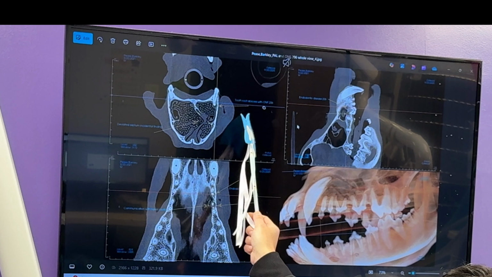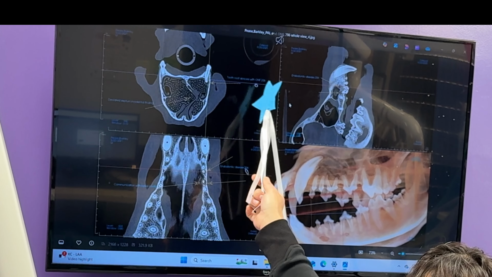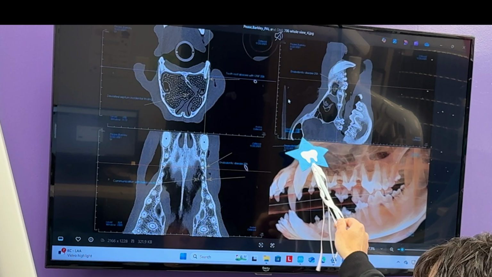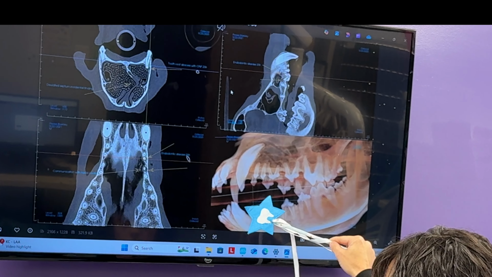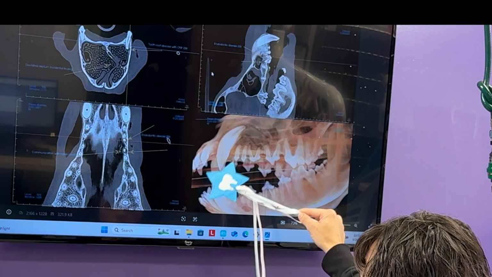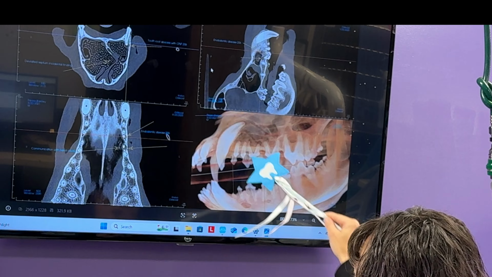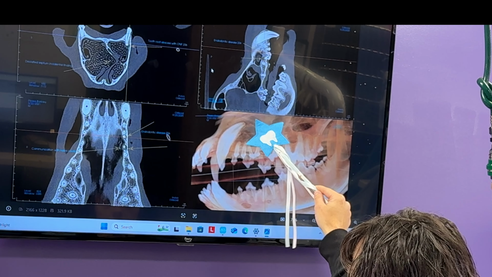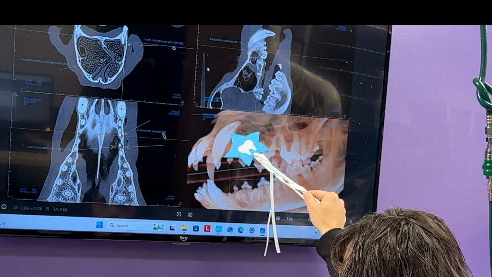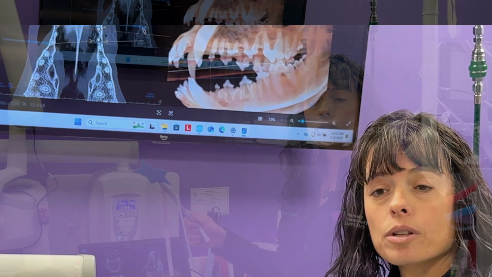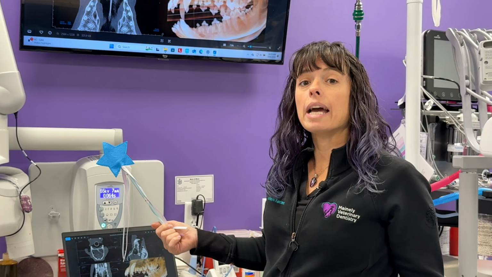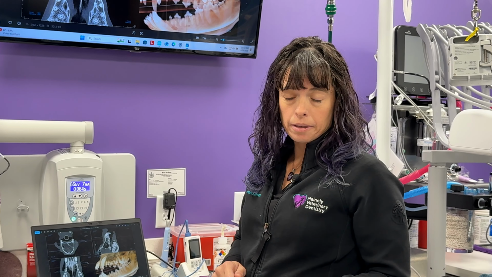So that tooth had to be extracted due to the extent of the infection already. However, in this dog, both of its canines were also broken right here into the pulp cavity. And thankfully, at this point, there was no evidence of significant infection at the root tips. So those teeth we're able to treat with root canals to save the teeth. So a couple of options with endodontic disease and broken teeth.